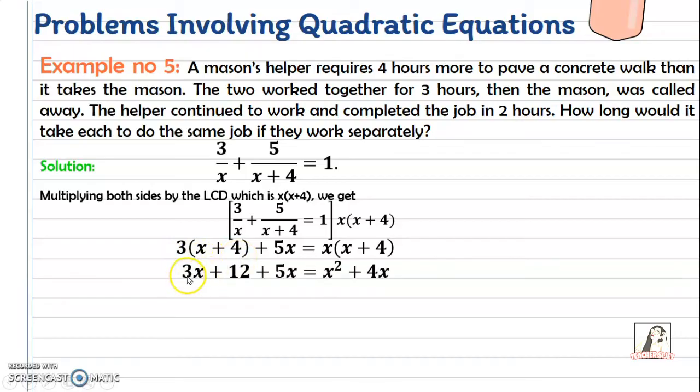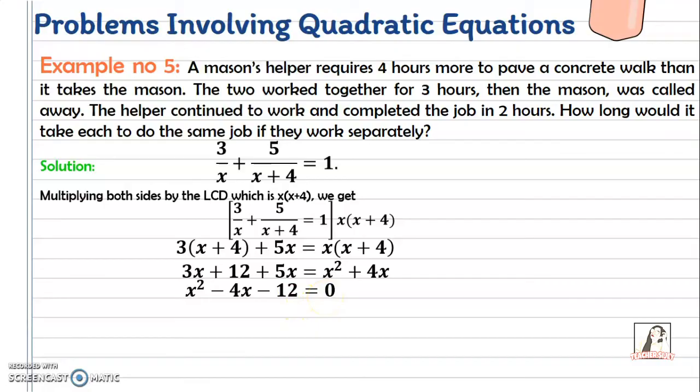So, this is our answer, 3x plus 12 plus 5x, and then x times x equals x squared. X times 4 is equal to 4x. Now, we have a quadratic equation here. Let's transform this to its standard form. So, we have x squared minus 4x minus 12 equals 0.